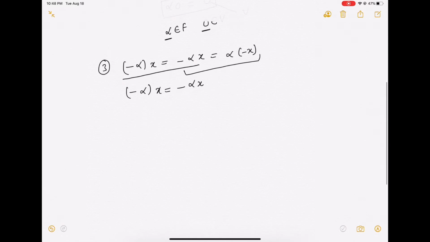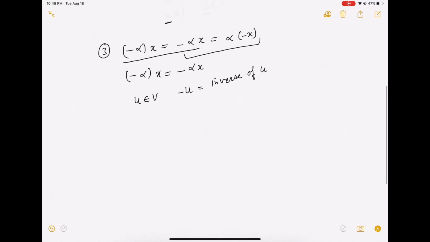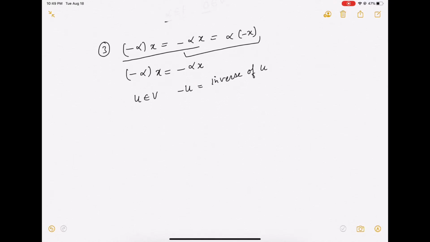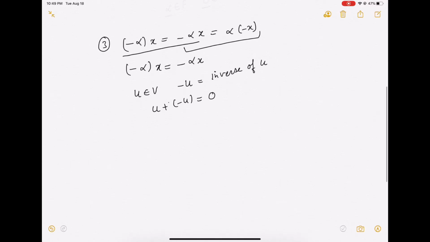Remember, if u belongs to V, that is, if u is a vector element, then minus u represents inverse of u. And what is the relation between u and inverse? When u is added with minus u, we get the identity element 0. We make use of this property here.